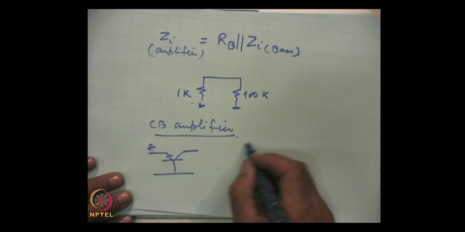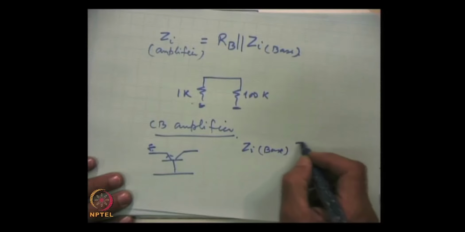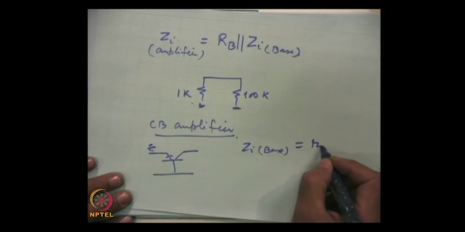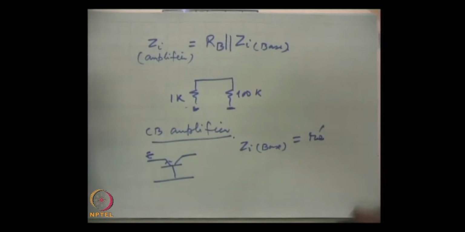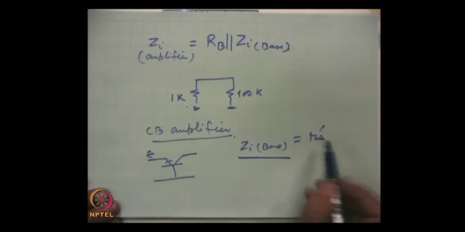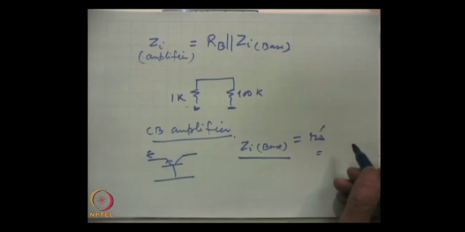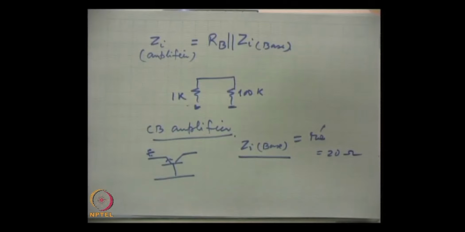The input impedance Z I base is simply R E prime, the dynamic emitter resistance. I am telling you now a very finer point, and you must listen carefully. In common base it is simply R E prime, and this is equal to say 20, 30, 40 ohms.